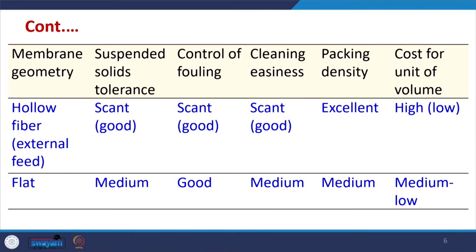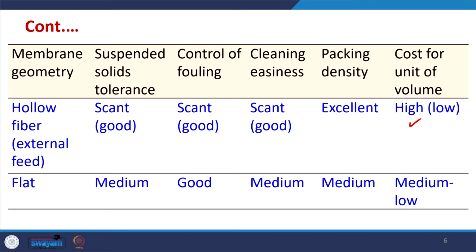Now, going further, hollow fiber module and flat module. For these, the suspended solids tolerance, the control of fouling, as well as the ease of cleaning are sufficiently okay. The packing density is excellent, and though the cost is high to low, that will depend upon the type of hollow fiber and various other things.